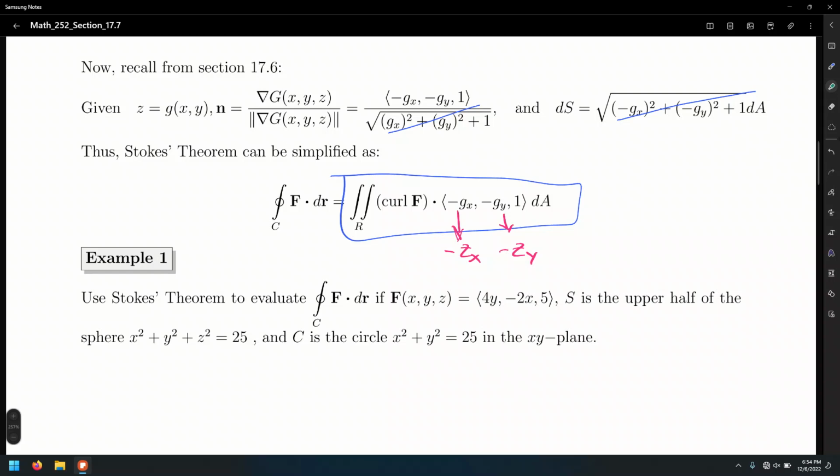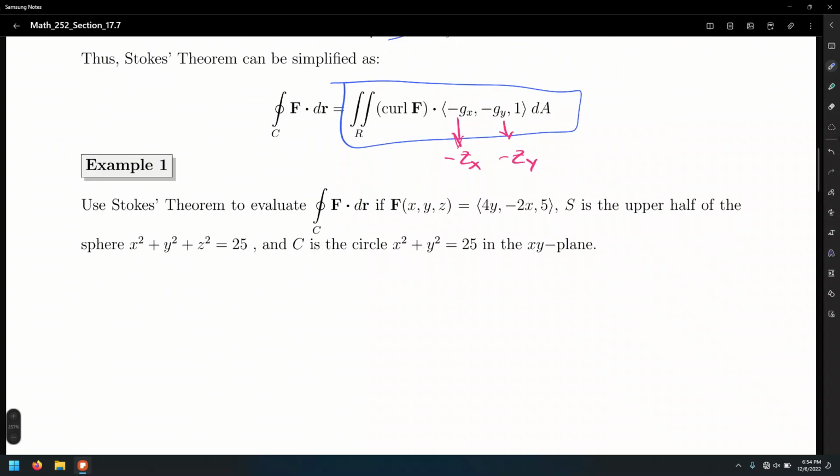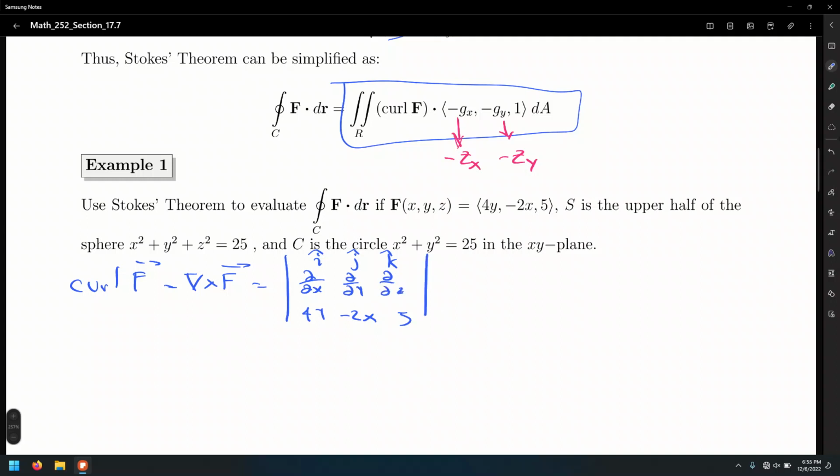So number one, let's find the curl of F. The curl of F is nabla cross the vector field F. So that's 4y, negative 2x, and 5, and that's i, j, and k, and partial with respect to x, partial with respect to y, and partial with respect to z.